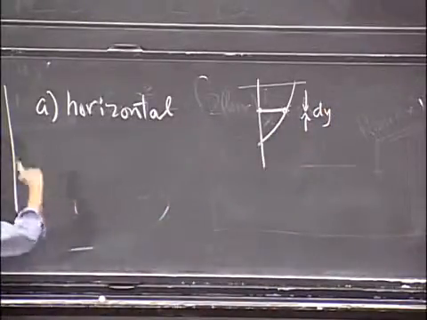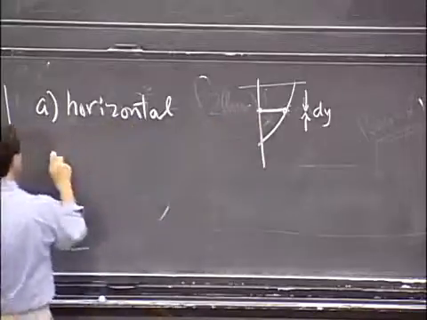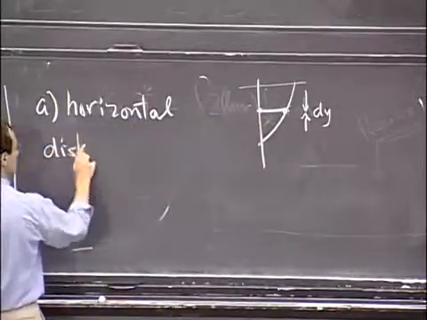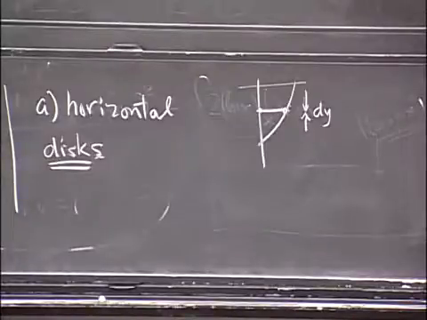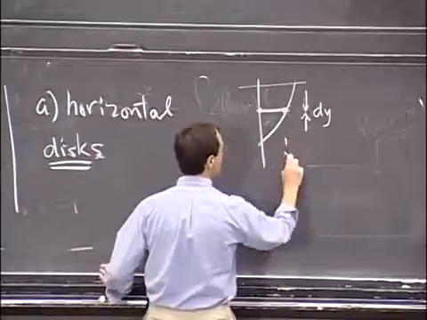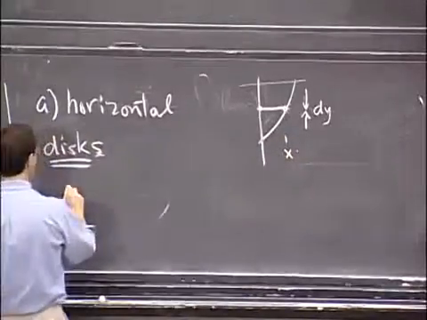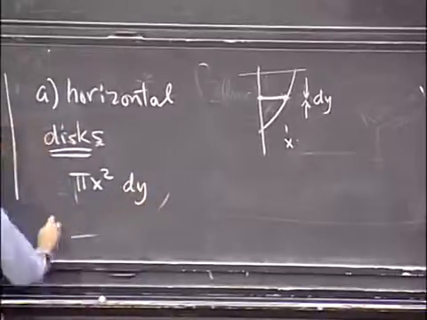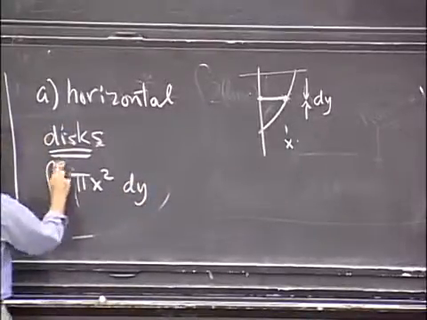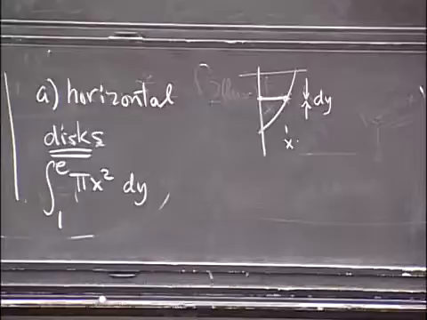And then we're going to wrap that around, so this is going to become a disk. This is the method of disks. And what's this distance here? Well, this place is x. And so the disk has area pi x squared, and we're going to add up the thickness of the disks, and we're going to integrate from 1 to e. So here's our volume.